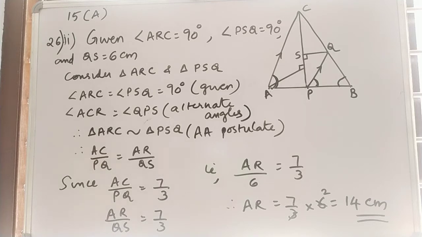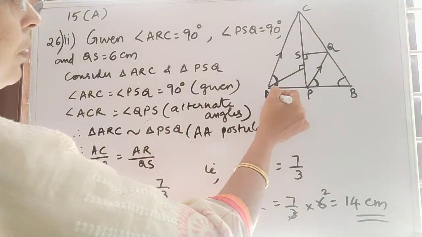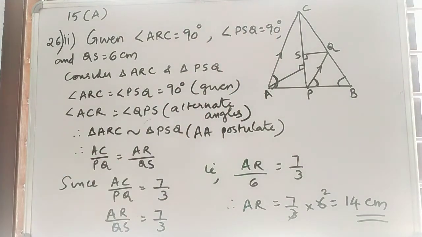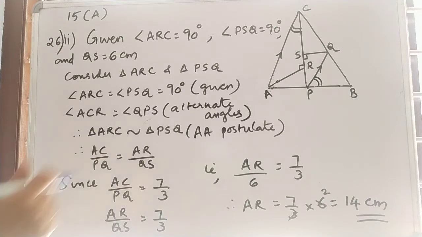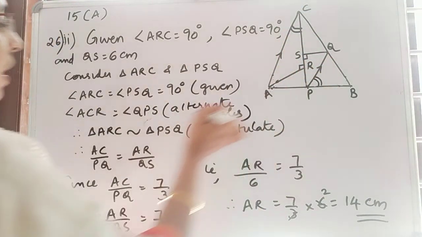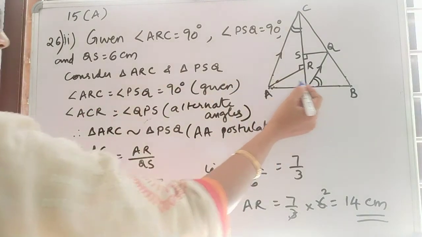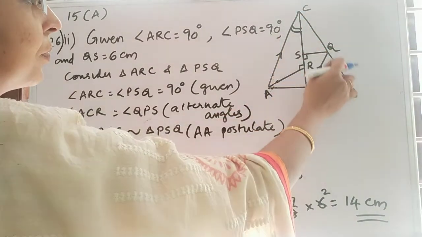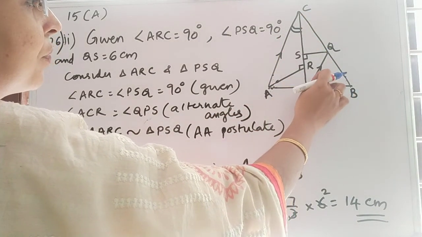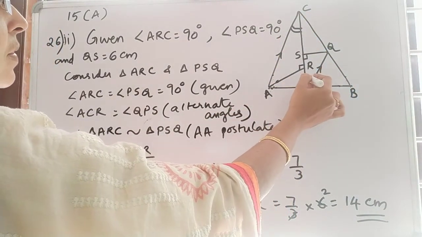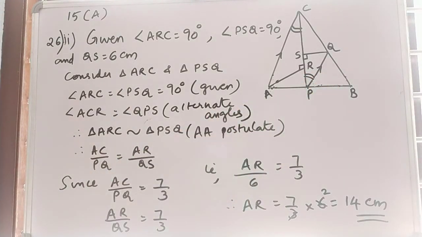Look at ACR and QPS, these two, with CP as the transversal.